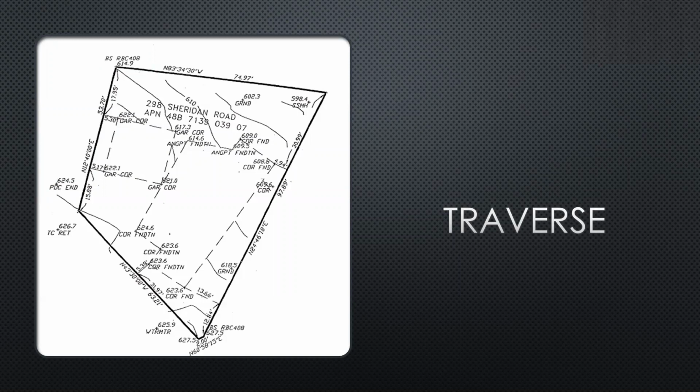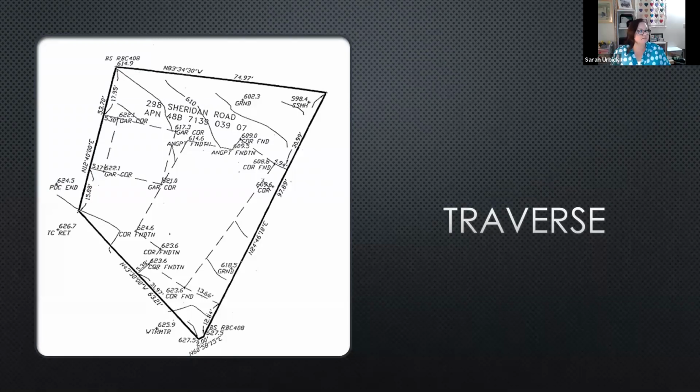Also called a property survey. It tells us the parcel number, the address, where it is, and it gives us a lot more information, okay? So if we look at the boundaries of such a map, what do the boundaries tell us?